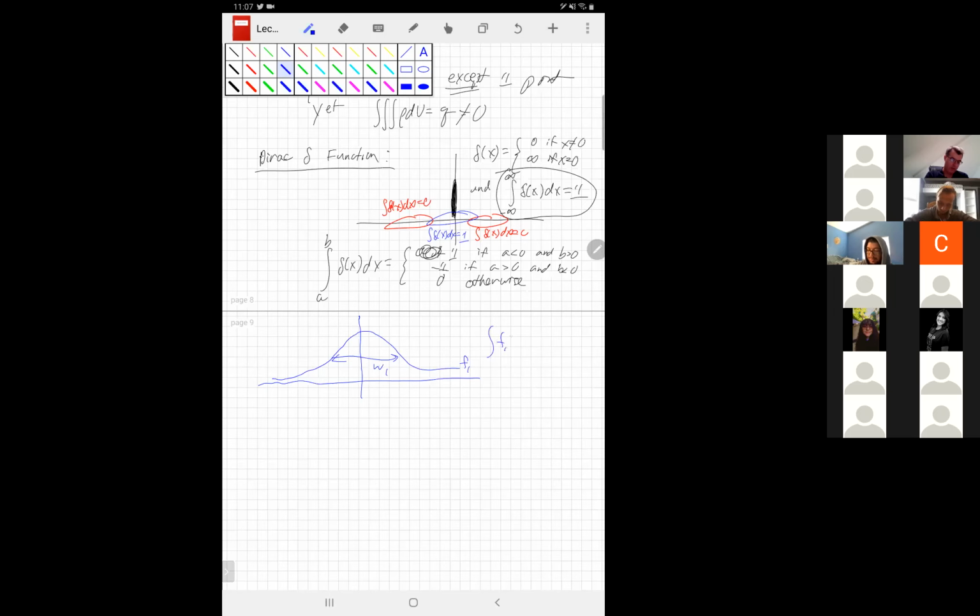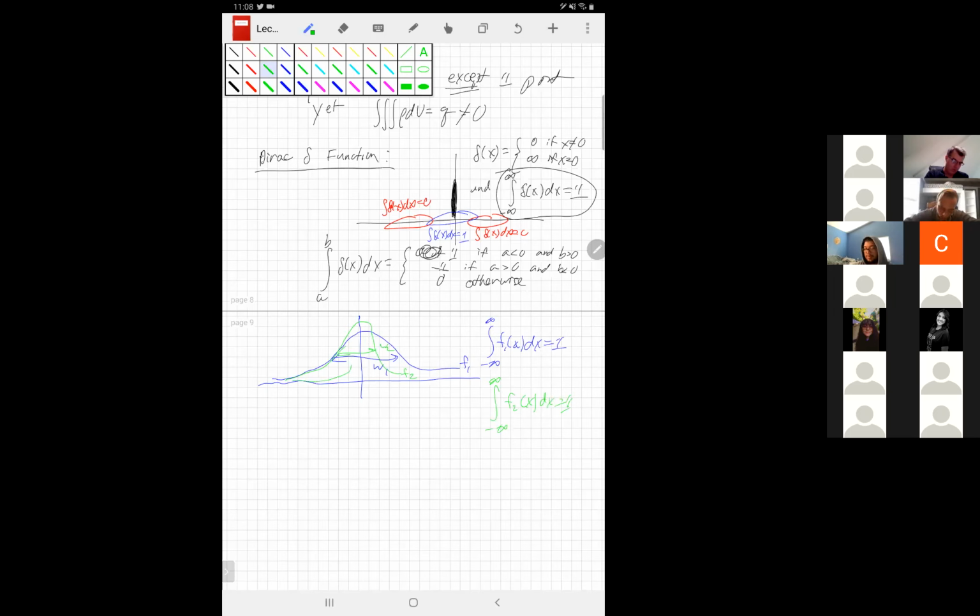And the integral of f1 of x dx from minus infinity to infinity is 1. Here's another function, f2 with smaller width w2. And the integral from minus infinity to infinity of f2 of x dx is also equal to 1.